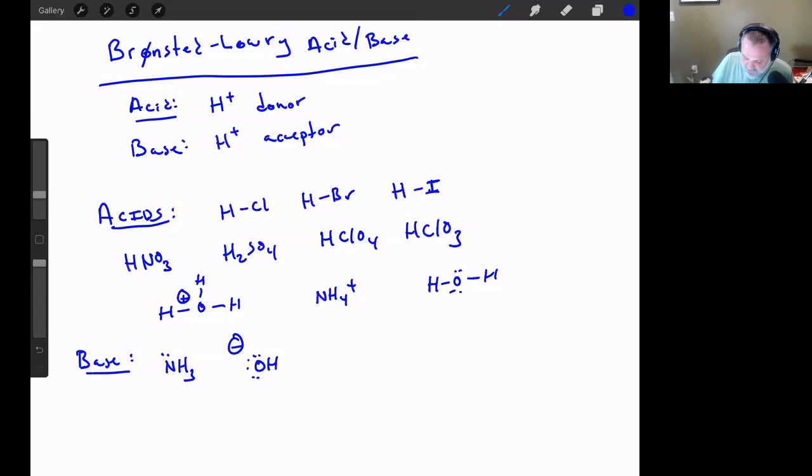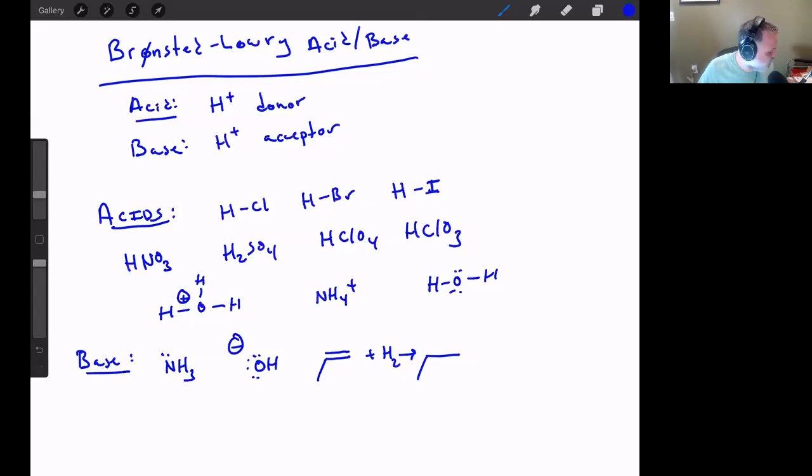Another example would be a pi bond, because you could take a pi bond and react it with H2 and form an alkane. That would be an example of a pi bond acting as a base. Strictly speaking, it's an addition reaction, but you are donating a proton to it, in a sense. So you can think of it as a base.